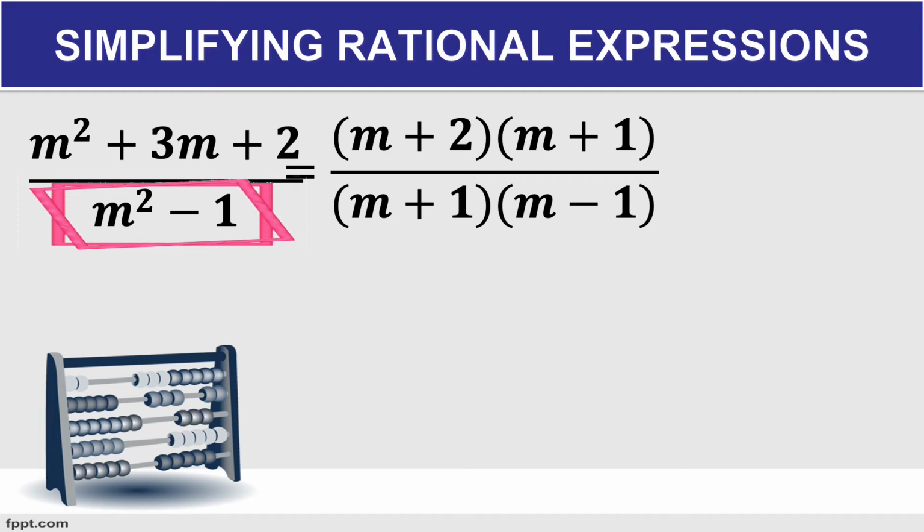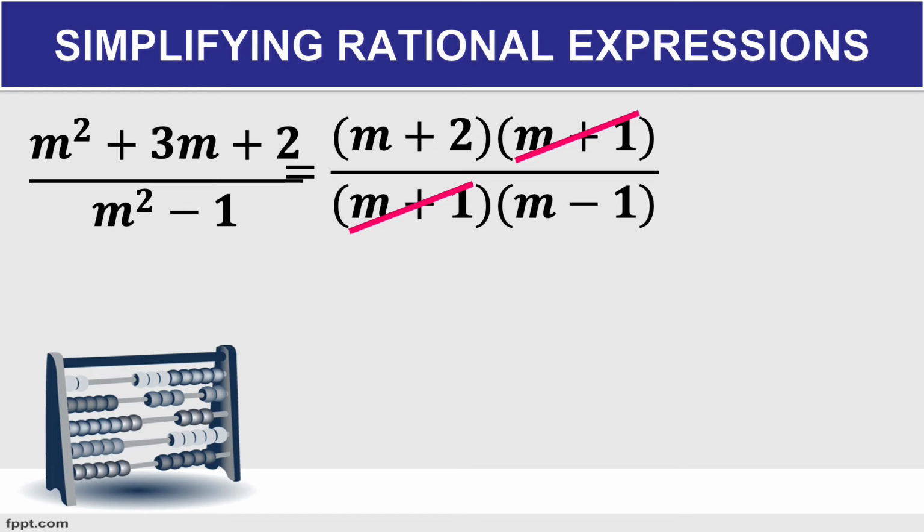Then after nyan, tignan natin kung meron bang maka-cancel out. So, cancel out natin yung m plus 1 sa numerator at m plus 1 sa denominator. So, hindi tayo pwedeng mag-cancel out ng parehong nasa numerator or parehong nasa denominator. Kailangan, isang nasa numerator, isang nasa denominator.